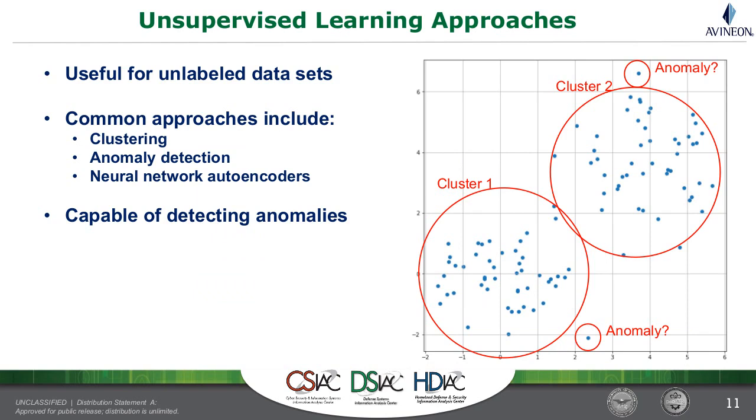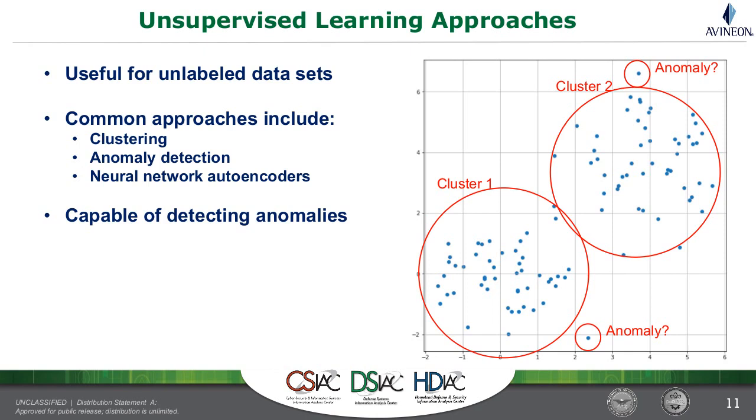So the goal of an algorithm would be to look at these data points and determine, okay, here's cluster 1, here's cluster 2, and then to potentially identify where anomalies or data outliers are, because those are going to indicate something that's occurring in your system that's not normal, an unusual behavior. In our case, we're looking to detect the cyber attacks as those anomalies, but if you had equipment malfunctions, this can also be used to detect those.